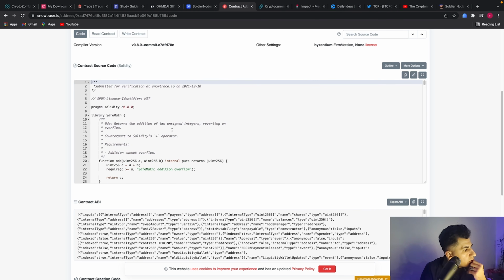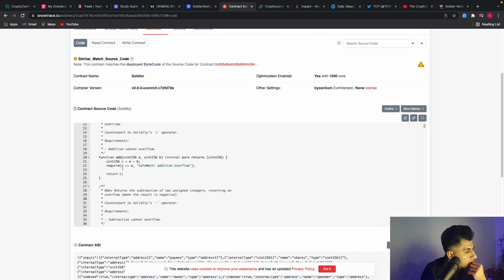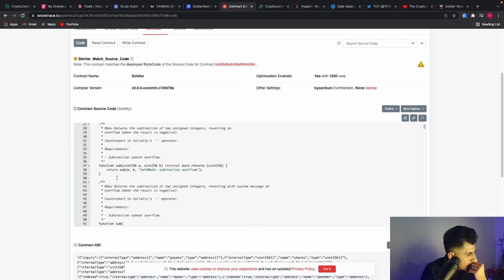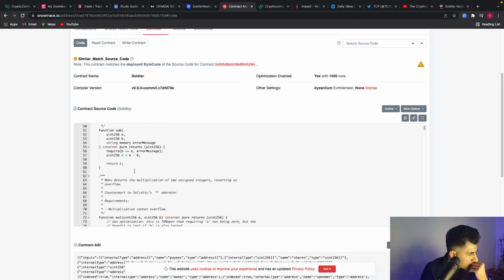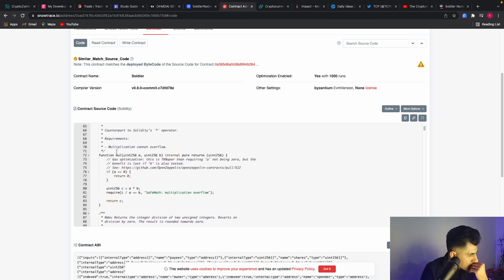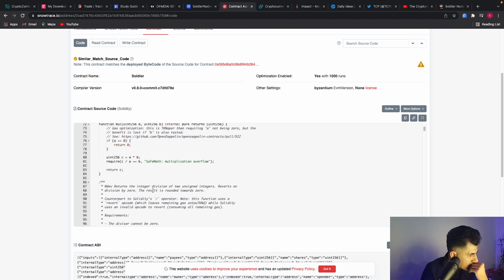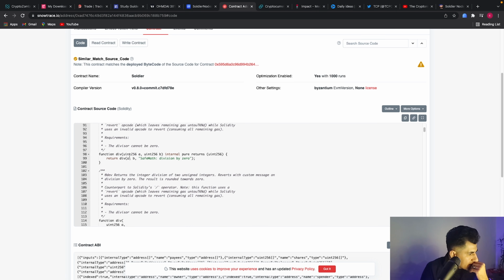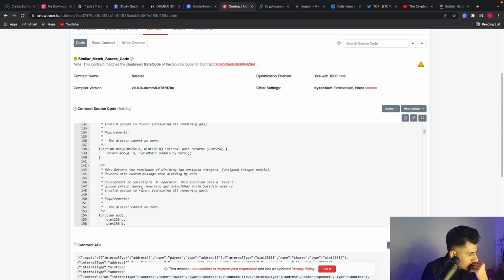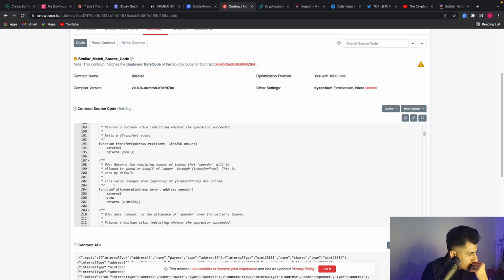Okay, so it's Solidity, of course, and let's take a look here. They have overflow, okay. Then there's going to be 0. Okay, returns the remaining number of tokens that spenders will be allowed to spend on behalf of the owners.